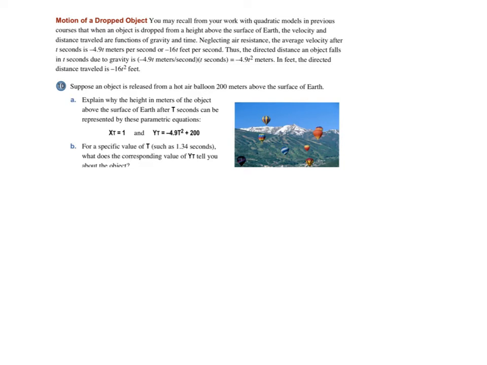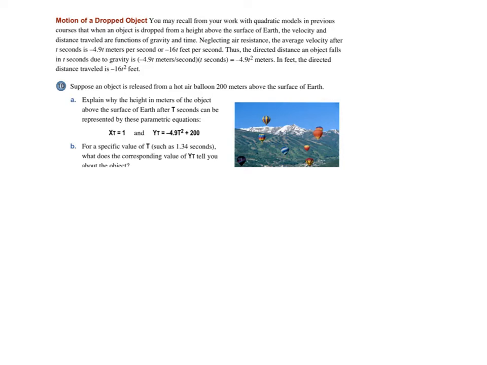Well, from your previous work, you understand that an object that is falling falls at a rate of negative 4.9 meters per second squared. Or if it happened to be in feet, it would be negative 16 feet per second squared.